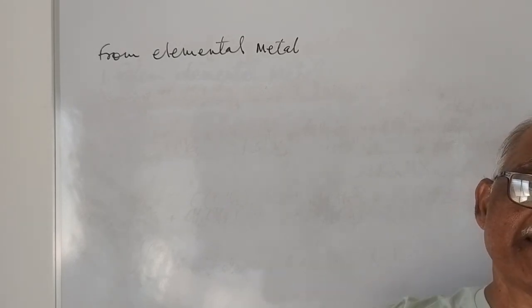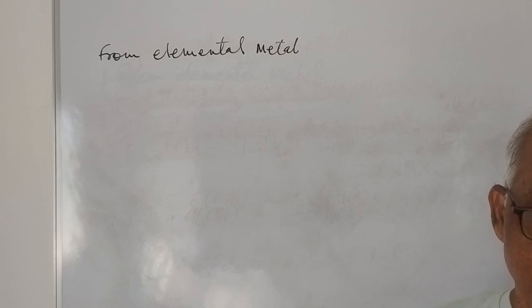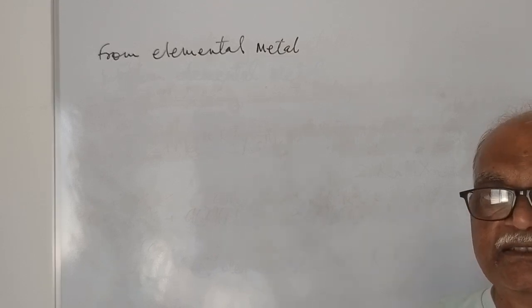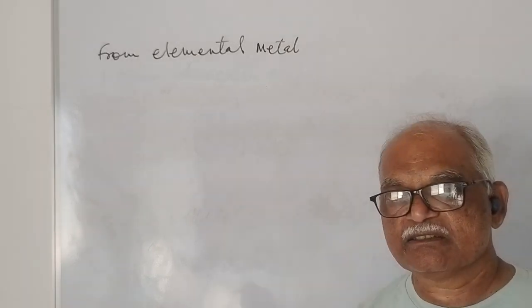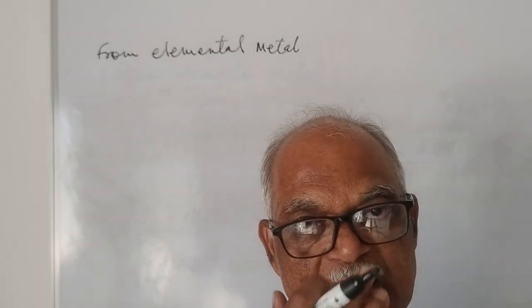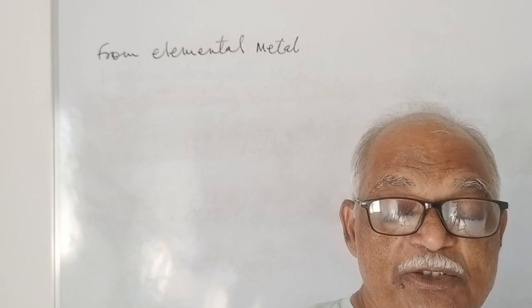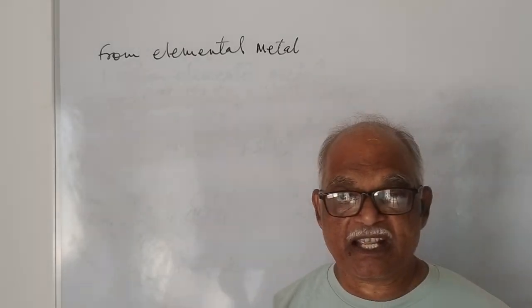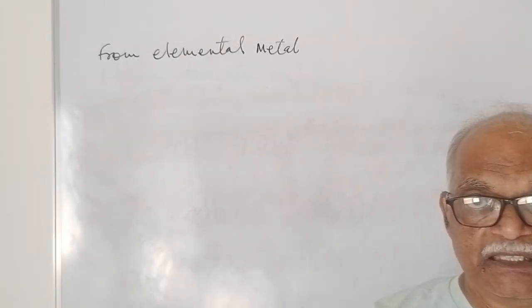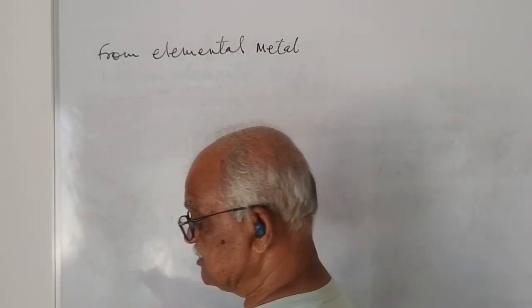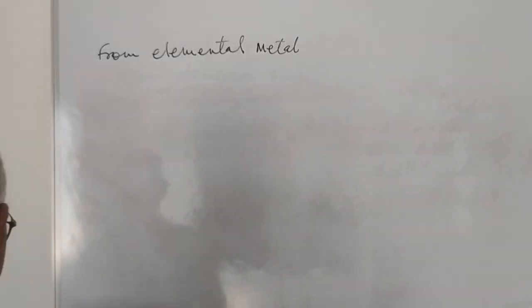Means the metal need not be taken in the elemental metallic state, but the metal for which the organometallic compound is to be prepared is taken in the form of its organic derivative, meaning an already existing, available metal organic species, that is, an organometallic compound.